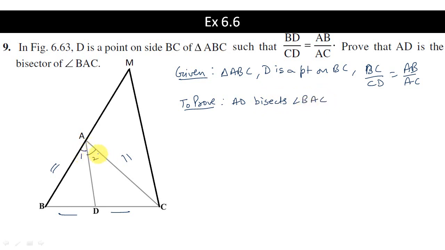This I have to prove. So we'll do the construction first. Construction: draw CM parallel to AD, where M is a point on BA produced.